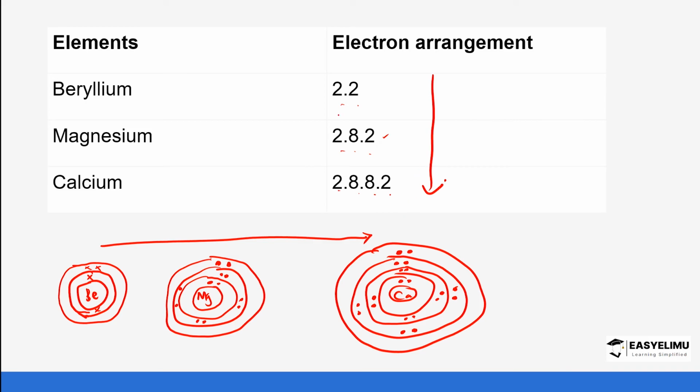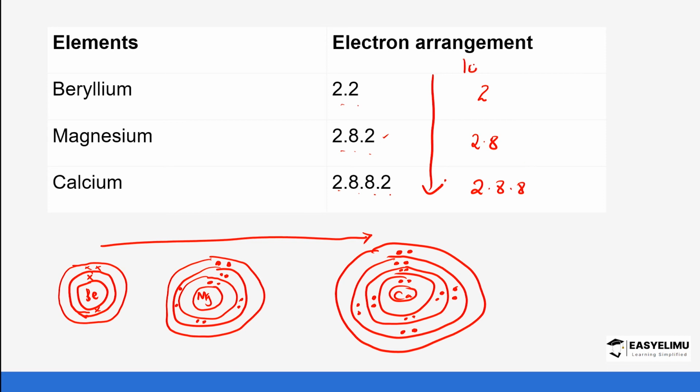As for the ionic radius, we know that beryllium reacts by losing 2 electrons, so the new ionic configuration will be 2. Magnesium also reacts by losing 2 electrons, so the new configuration will be 2.8. Calcium also reacts by losing 2 electrons, so the new configuration will be 2, 8, 8.